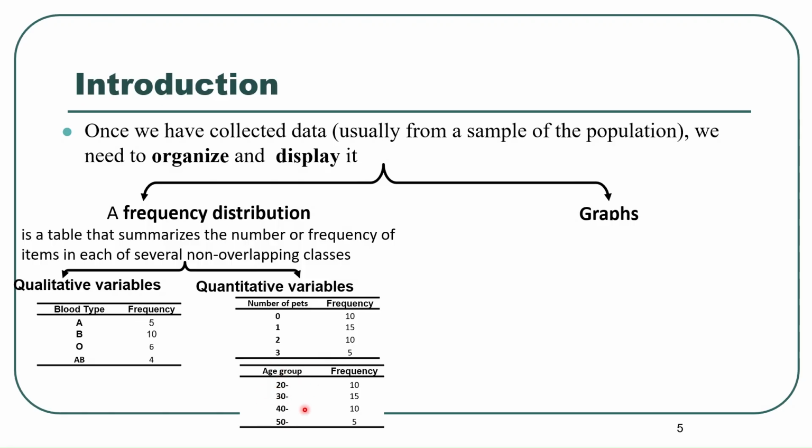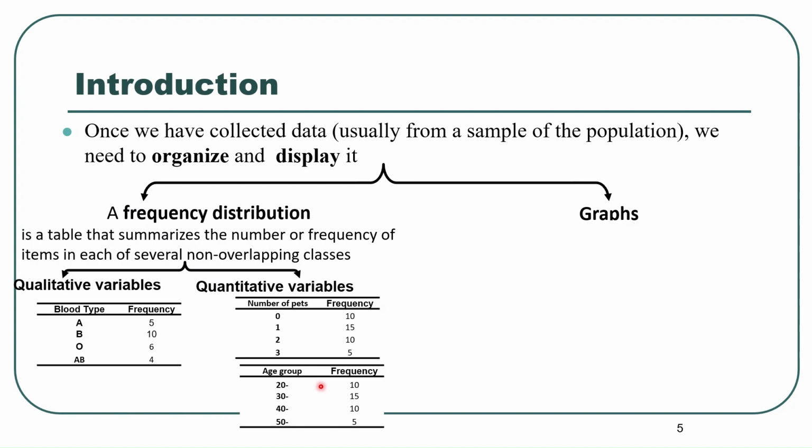Here I have age group, where the random variable is age, which is continuous. So all the ages from 20 to less than 30 are in one row, in one class.